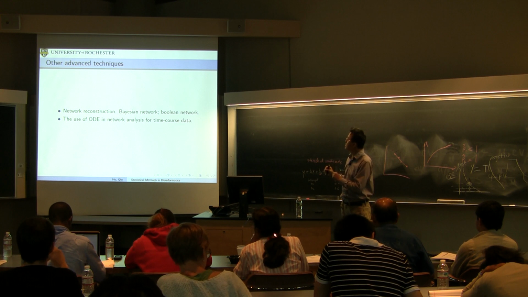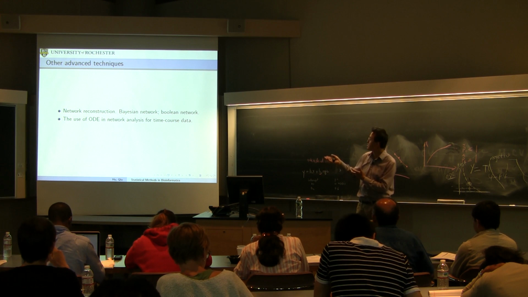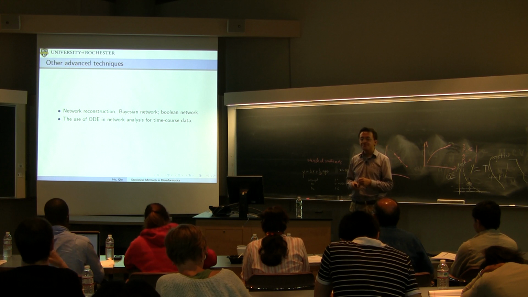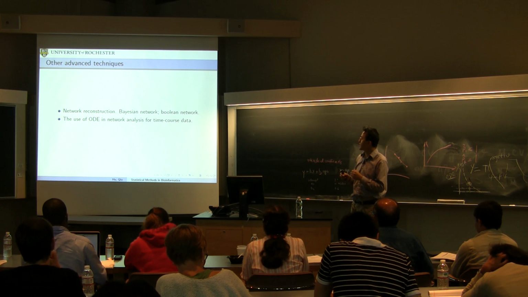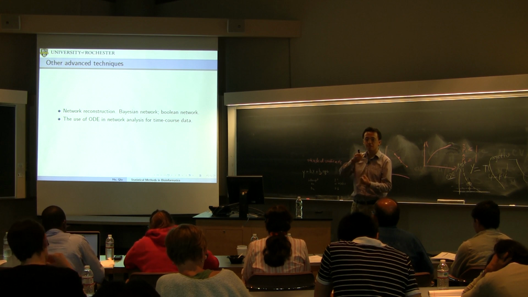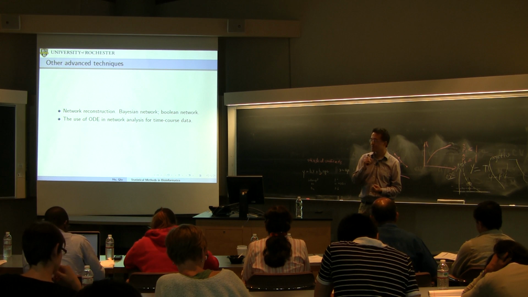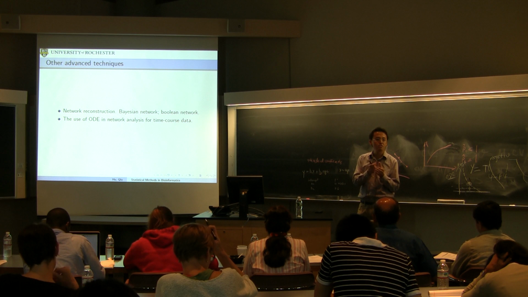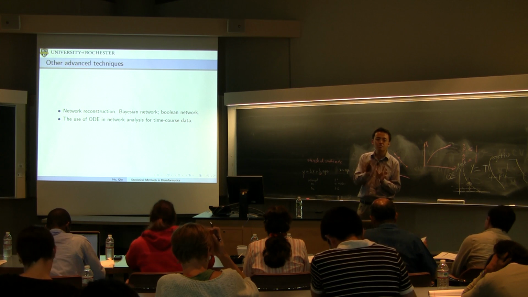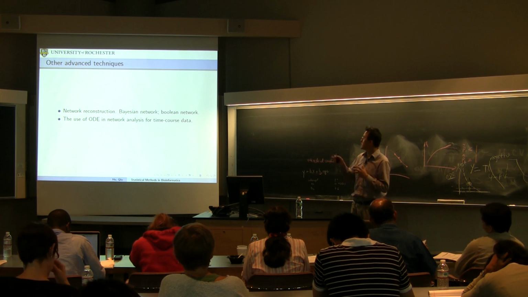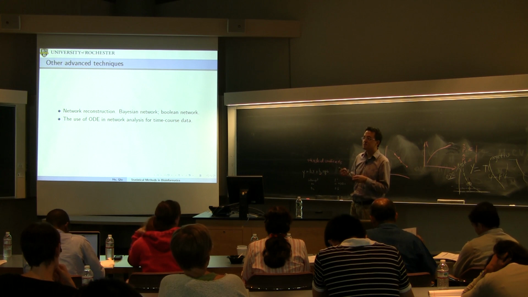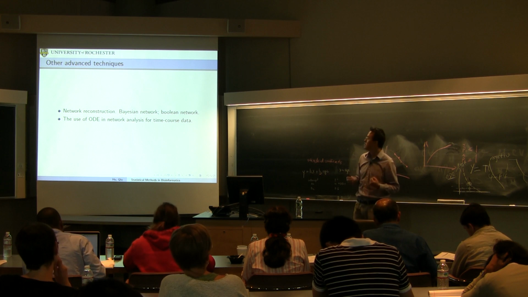Other methods include network reconstruction, such as the Bayesian Boolean network, which tries to get the dynamics of the genes, modeling genes as nodes and the edges connecting nodes as relationships. There are different ways to define that, but you can imagine it's a graph-based method, so that you can get the dynamics of all the genes.